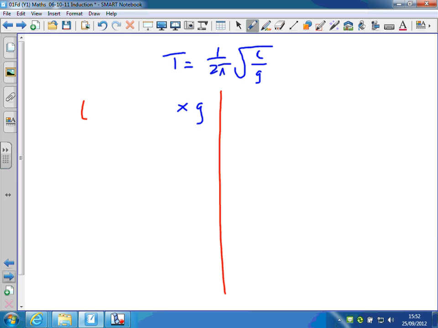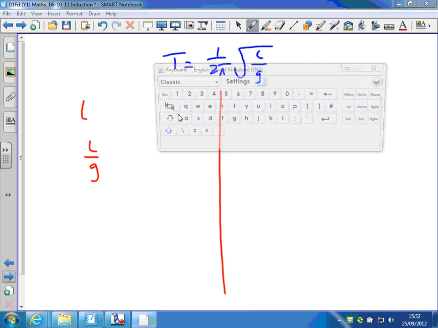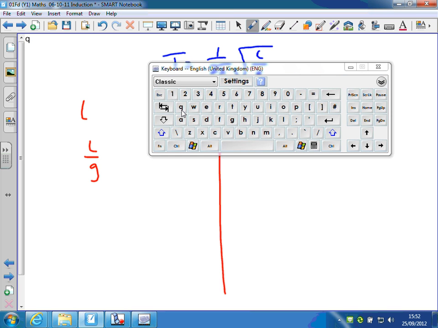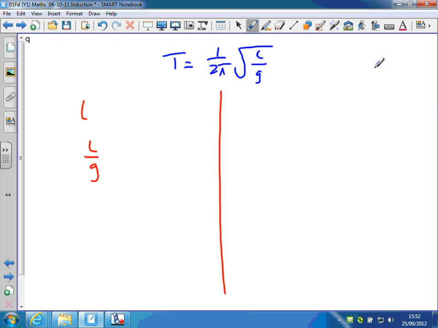Times by g, and I get to L over g. So did you say times by g? Divide by g. To generate it, I divide by g. To get L over g.